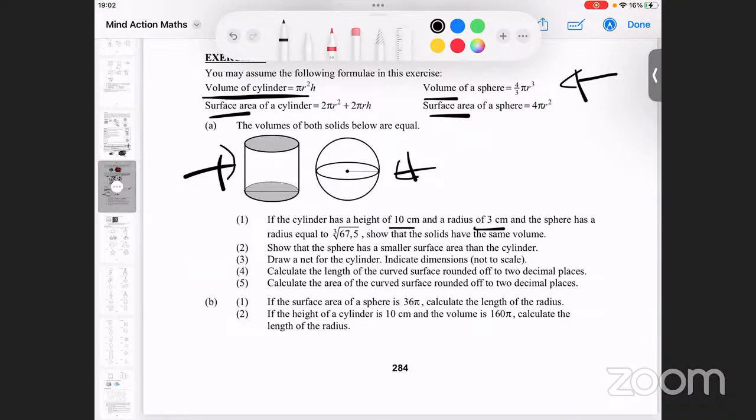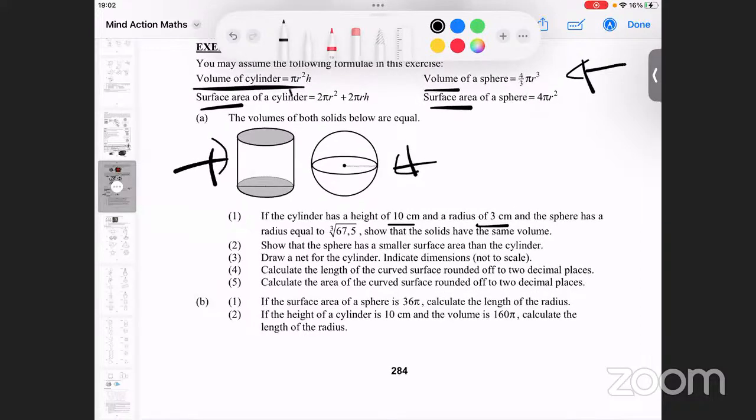And now what is going to be the volume of the cylinder?